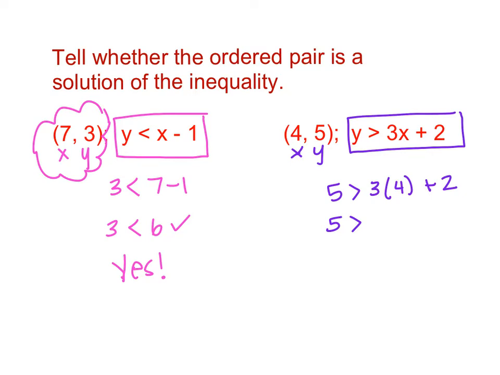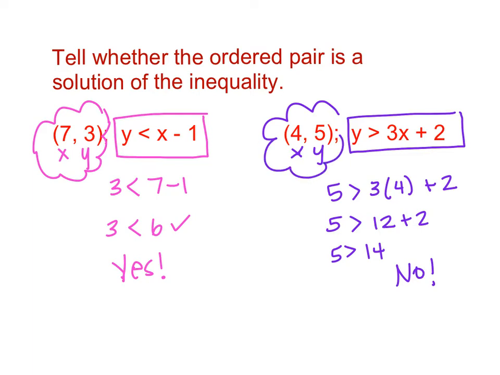So 5 is greater than 12 plus 2. 12 plus 2 is 14. So is 5 greater than 14? No, it's not. So is our ordered pair a solution to the inequality? No. Now, if you were to graph it, would this ordered pair be in the shaded region of the graph? No, it would be on the other side of the line that doesn't have all of the shading.